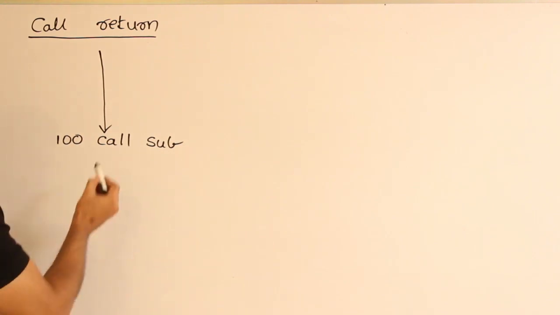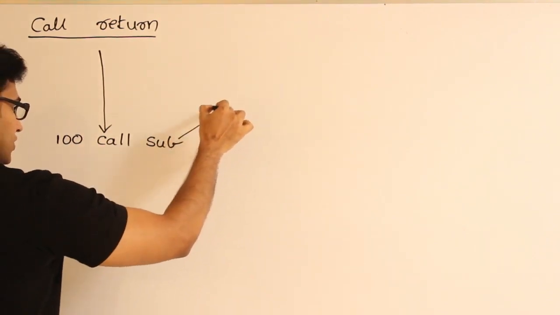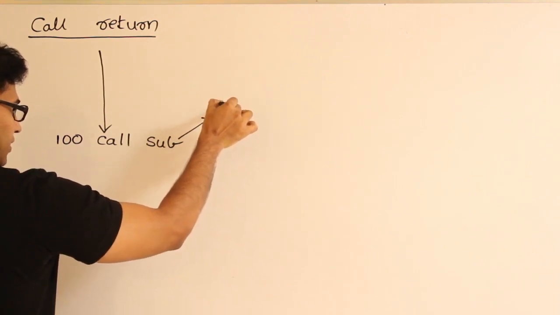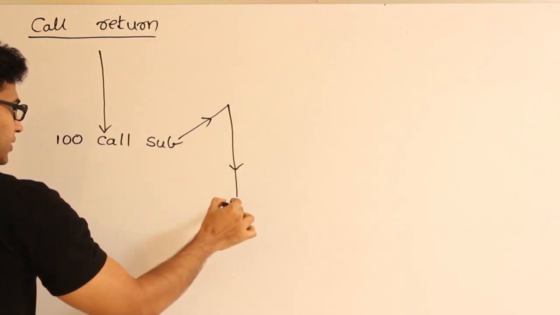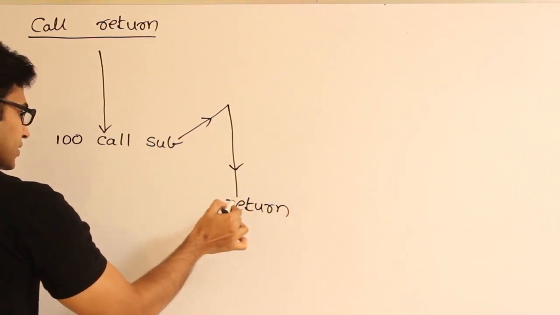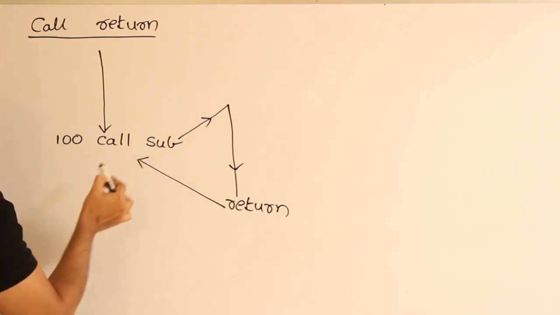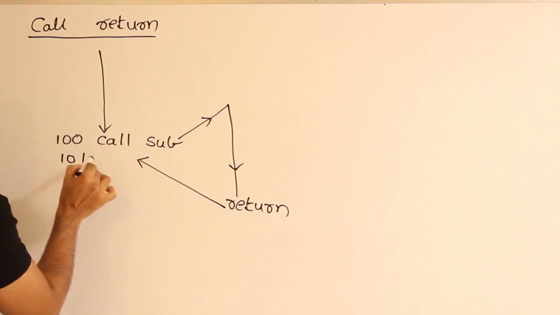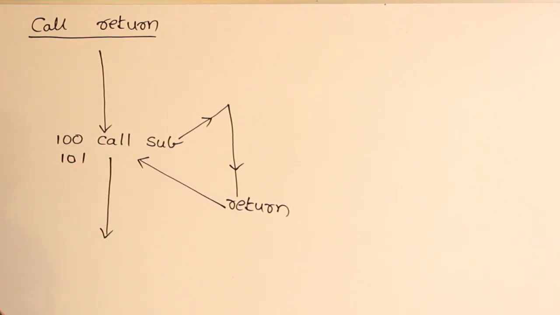Then because of this instruction our program has to go to some other subroutine and execute that subroutine, and at the end of the subroutine there is going to be an instruction return, and as a result of this instruction return you are supposed to come back to the instruction 101 and start your execution from here. Now if you see this, it is actually affecting the flow of the program.